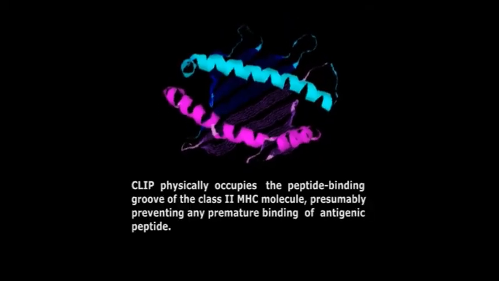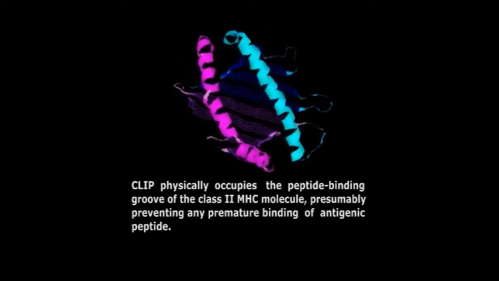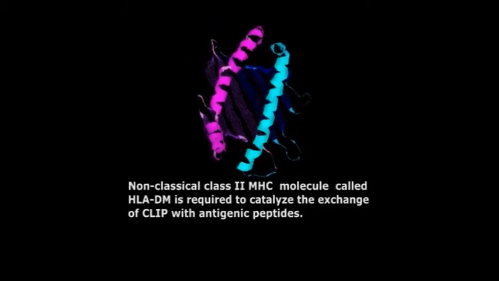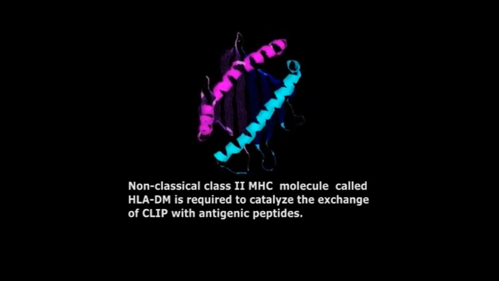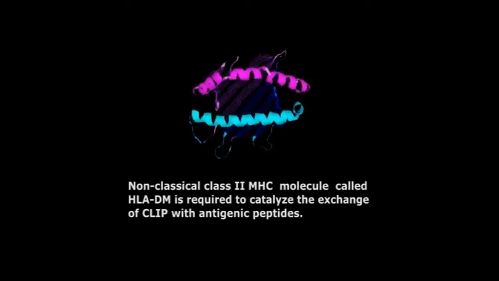CLIP physically occupies the peptide binding groove of the class II MHC molecule, presumably preventing any premature binding of antigenic peptide. A non-classical class II MHC molecule called HLA-DM is required to catalyze the exchange of the CLIP with antigenic peptides. The reaction between HLA-DM and the class II CLIP complex, facilitating exchange of the CLIP for another peptide, is impaired in the presence of HLA-DO, which binds to the HLA-DM and lessens the efficiency of the exchange reaction.